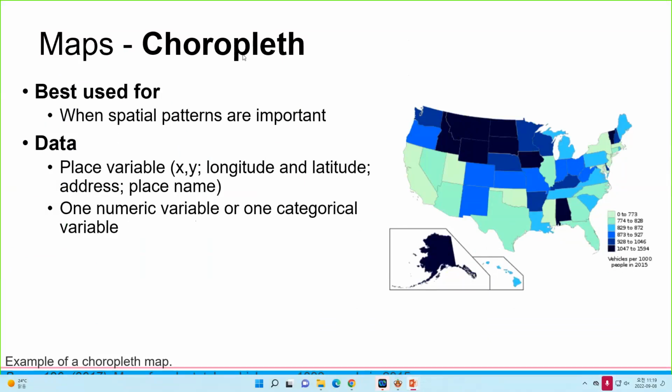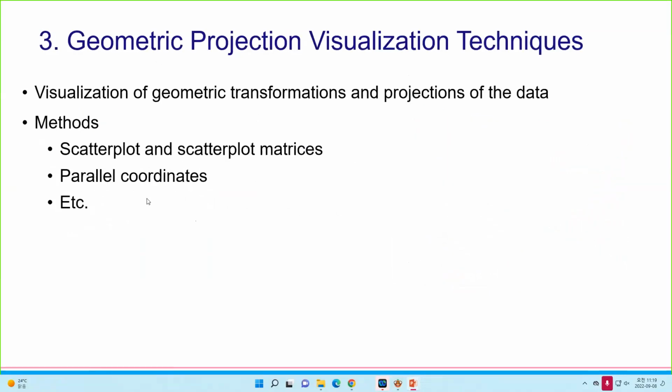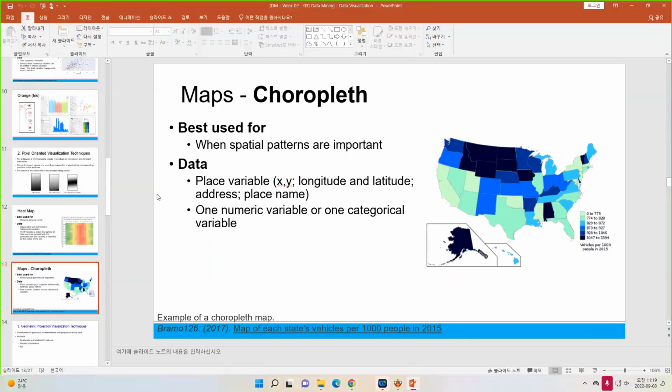The choropleths are mostly used in maps. We have the X, Y, or longitude, latitude. We can have the address or the place name. It is usually one numerical variable or one categorical variable. Okay, I think I will stop here because of the time.